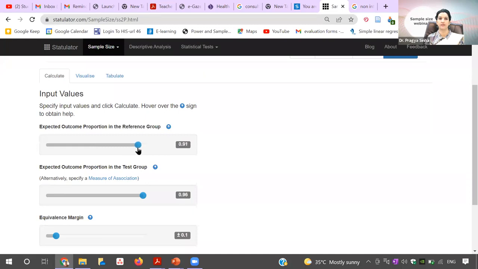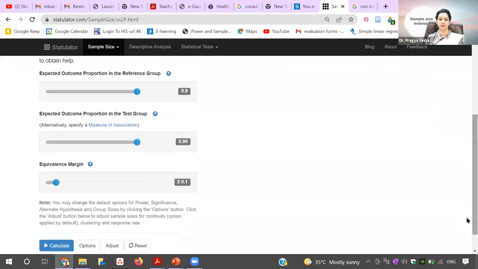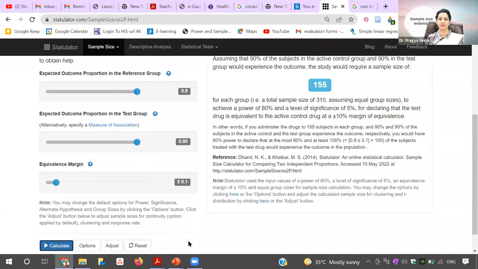You can see. And then it is 0.90 here also. And this equivalence margin is 1%, 0.1. So this is 10%. So if you calculate, you will see it is 155.